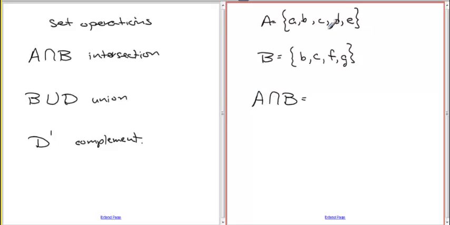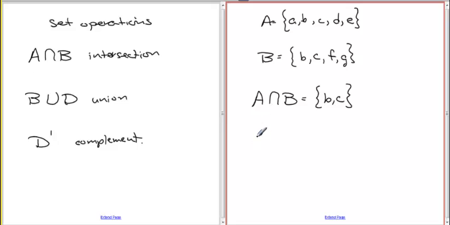Now the intersection is a set, so the result is always a set, and it's the set of elements that are in both set A and set B. These two elements, B and C, are in both sets. So that would be the intersection. Notice it's a set. It's the common terms between the two.